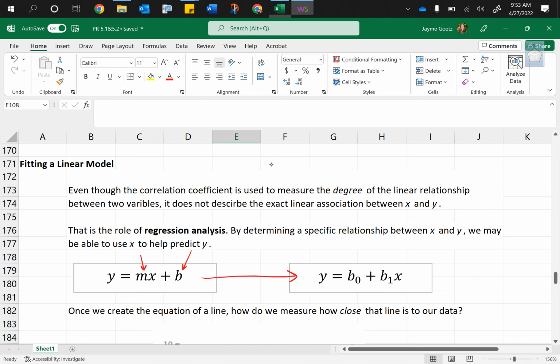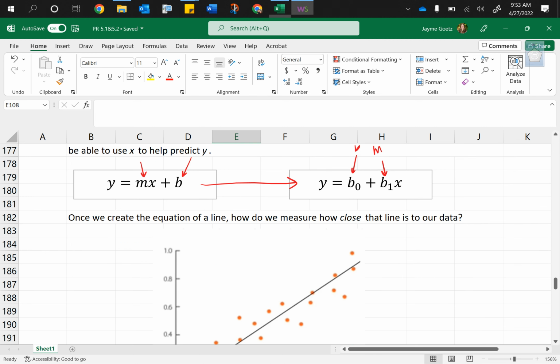Do you see how it is the same? Do we still have our slope? And do we still have our y-intercept? Yes. They changed the variables. Now my y-intercept is b sub 0 and my slope is b sub 1, and they also flipped the order. Is it absolutely ridiculous and asinine? Absolutely, I believe so. But I also believe in your intellectual capabilities. I believe that you guys are smart enough to understand this.